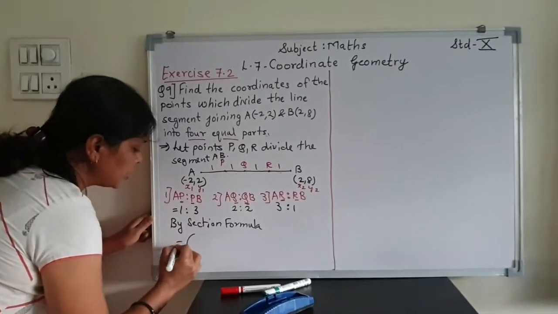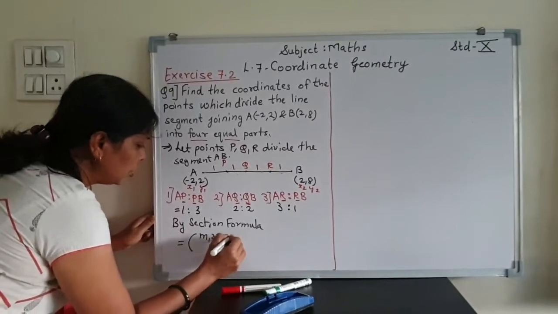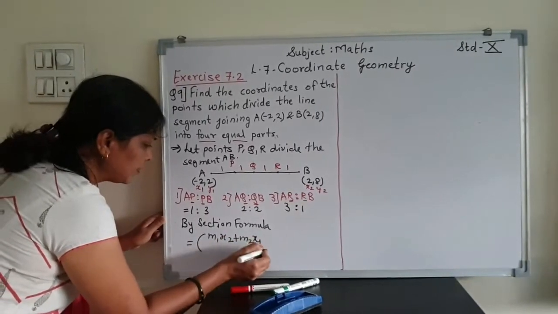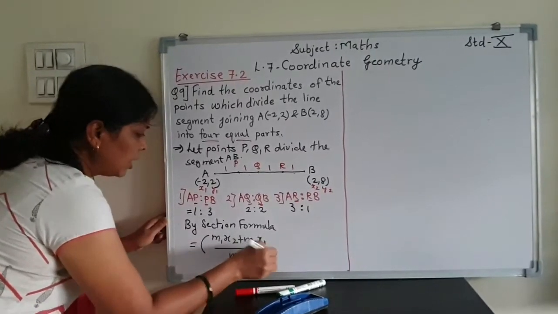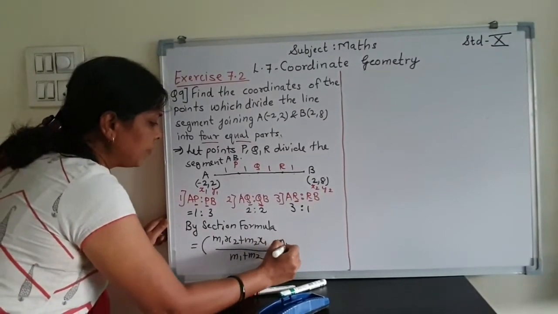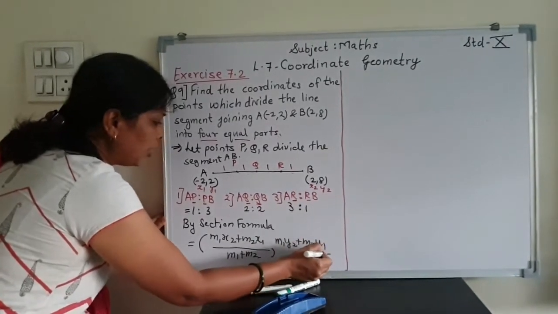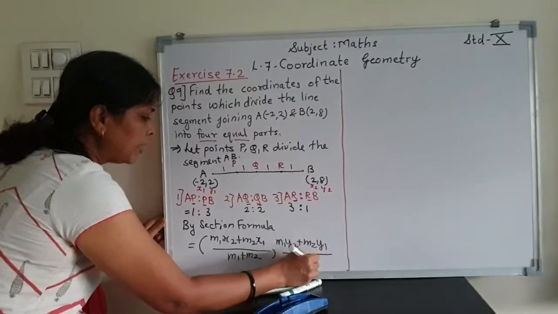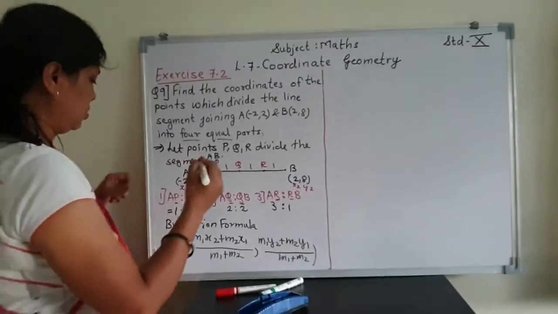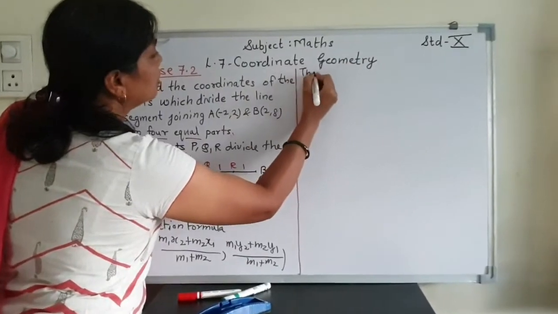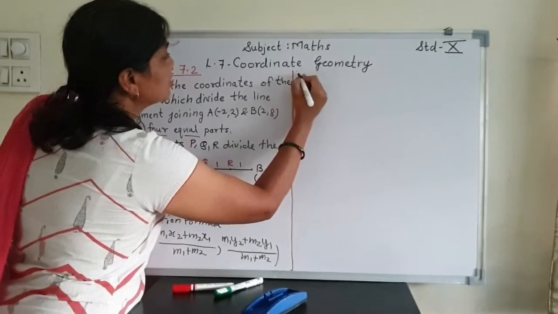The x coordinate is m1 x2 plus m2 x1 upon m1 plus m2, and the y coordinate is m1 y2 plus m2 y1 upon m1 plus m2.